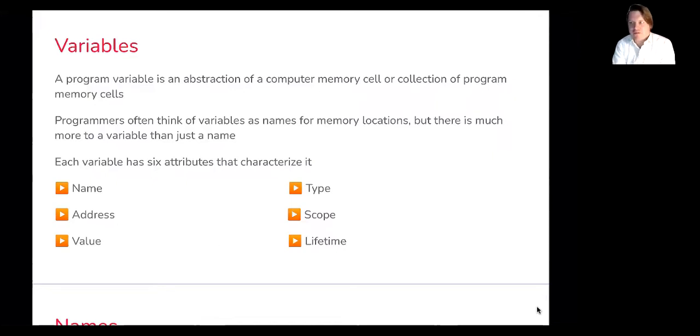Otherwise, we wouldn't have constructed one. Type dictates the range of values that we can store, as well as the set of operations that can be applied to a variable of that specific type. Then we'll get into new ones: scope, which is going to be a fun discussion, and then we'll also talk about the lifetime of a variable.